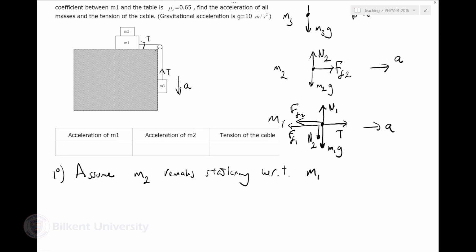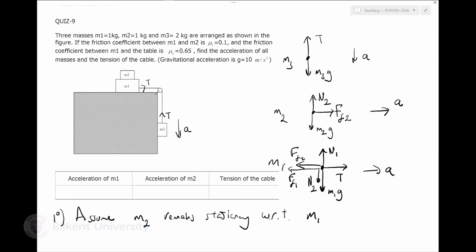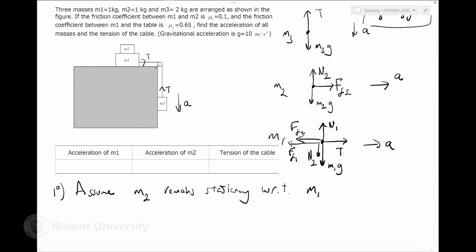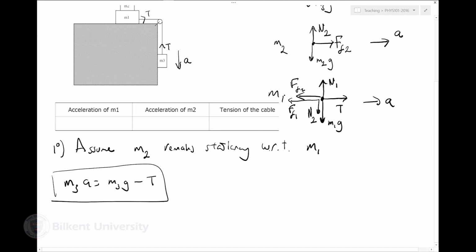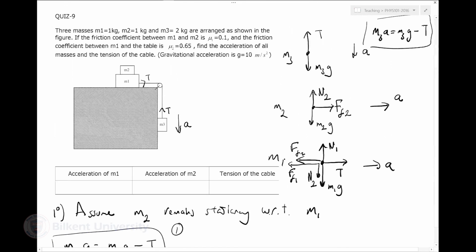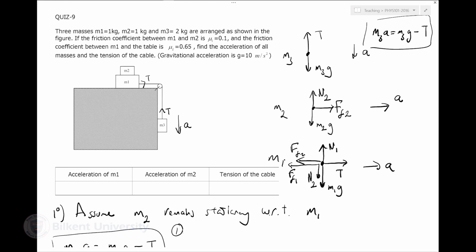Now, okay, so let's find out. What's Newton's equation for M3? For M3, I'll have M3A is M3G minus T. So let me write this as my first equation. M3A is M3G minus tension. My first equation. How about the second mass here?